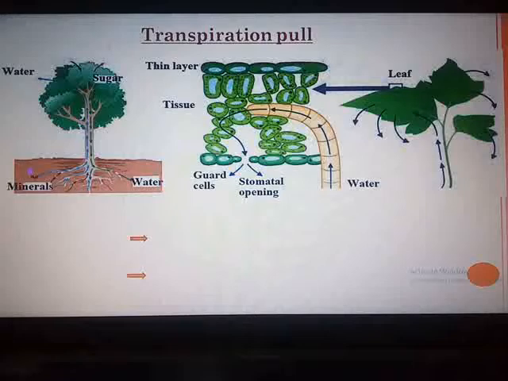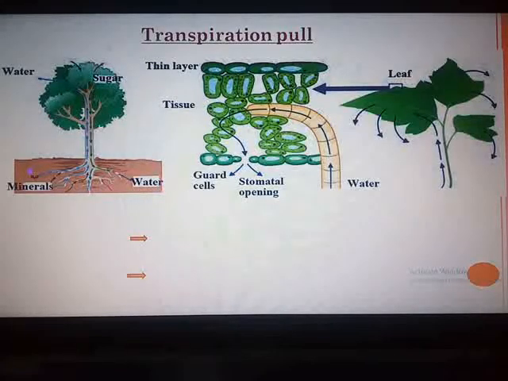Now transpiration takes place through these stomata. Water is released into the atmosphere by the leaves through the process of evaporation. You can see water is given out into the environment. As a result, the water level in the epidermal layer of the leaf decreases, and water is brought up to the leaves through the xylem.